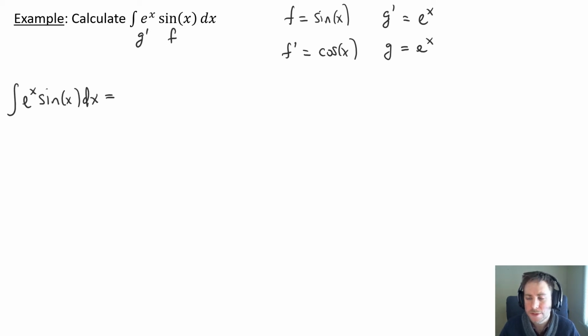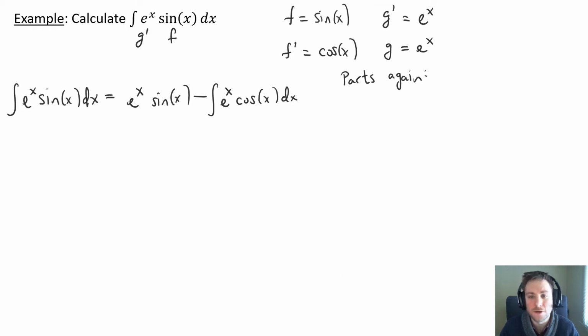So as always, the integral we want is equal to f times g minus the integral of f prime g. Notice the integral we've ended up with here is consistent with the predictions that we made earlier. Our prediction also told us that integrating by parts again will cause this integral to cycle. So let's try it.